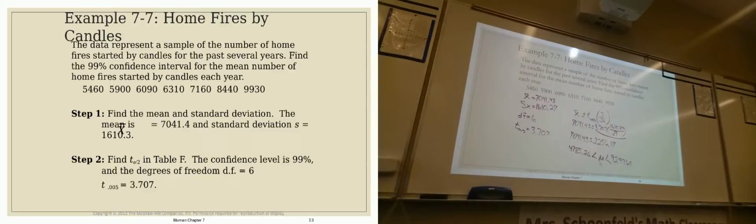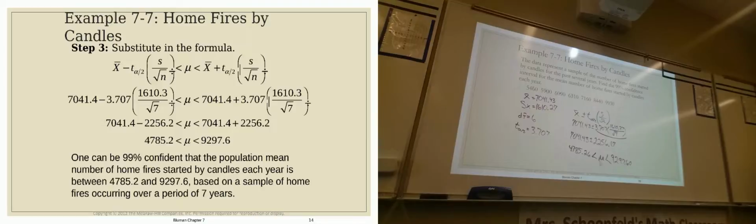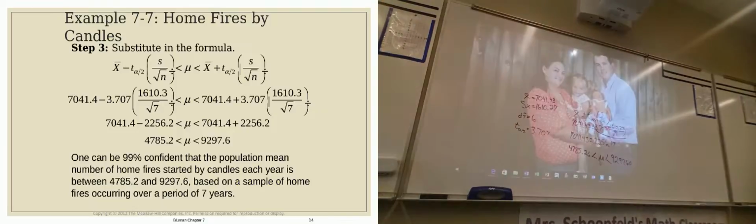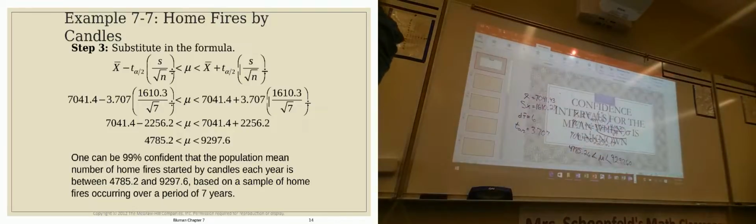That was a really bad example. I think that was the last one. Over a period of 7 years is what it said, because I guess that was for each year.